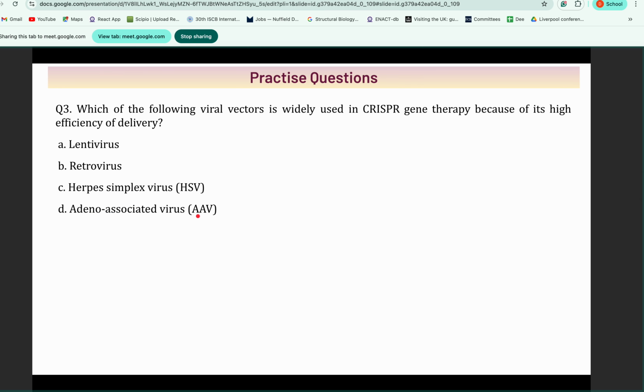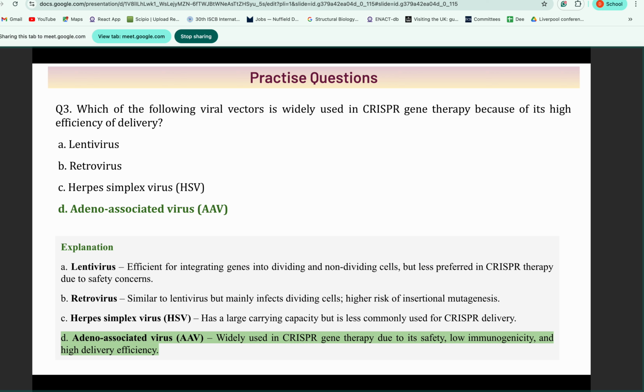We have already discussed that among all the viruses, adeno-associated viruses are the ones widely used because they are safe, they have low immunogenicity, and they have high delivery efficiency. Among viral and non-viral vectors, viral vectors have higher efficiency, and among all the viral vectors, adeno-associated virus is the better one.